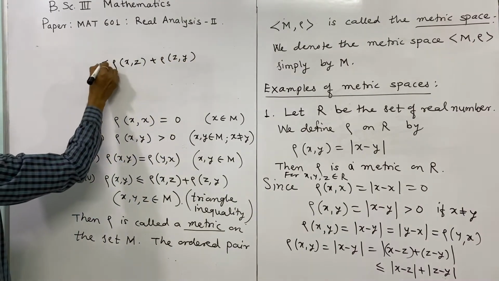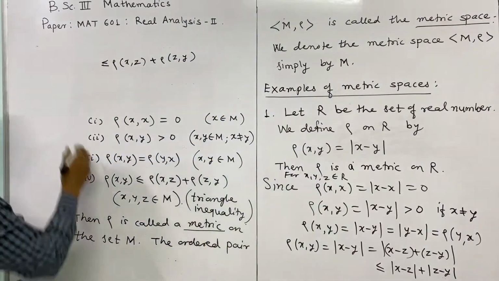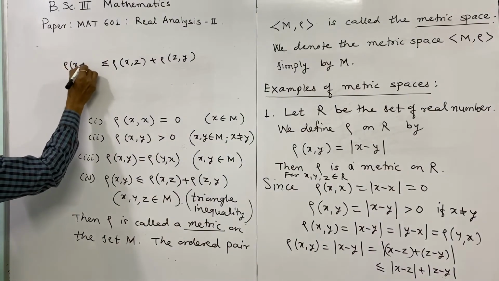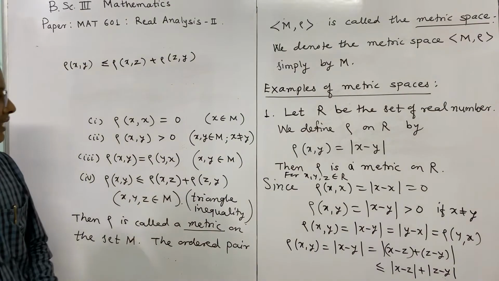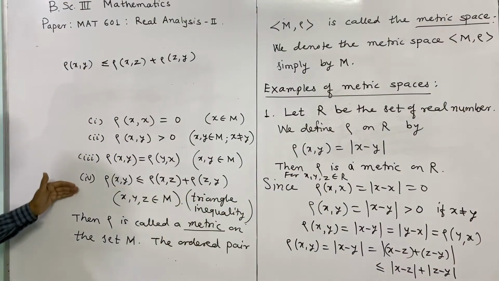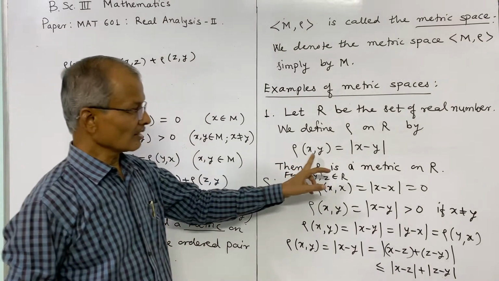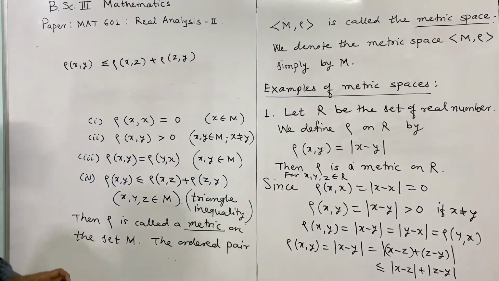Thus, this function satisfies all four properties of a metric, and therefore this is a metric on R.